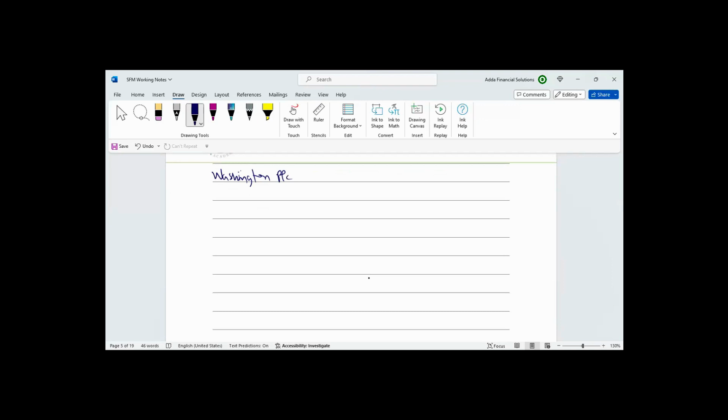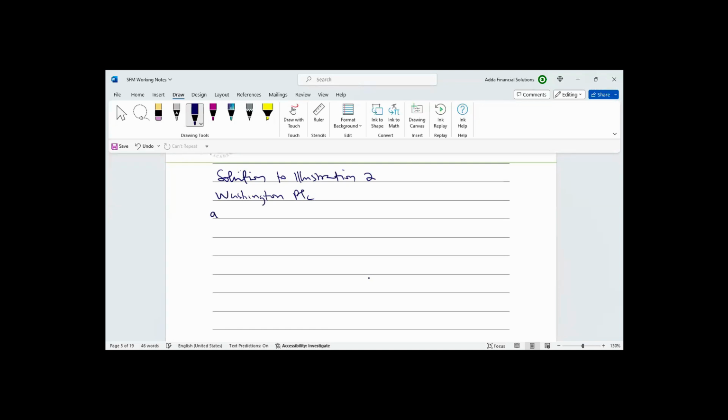So this is the solution to illustration number 2. The name of the company is Washington PLC. There are 3 requirements in number A.